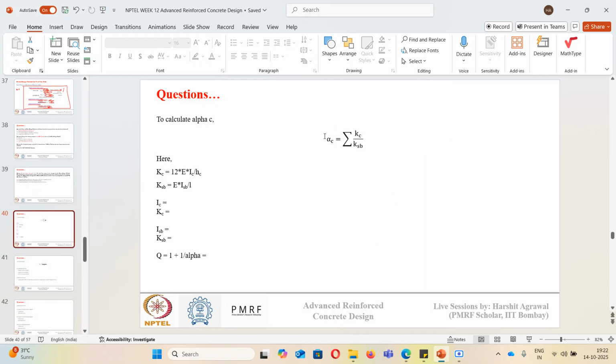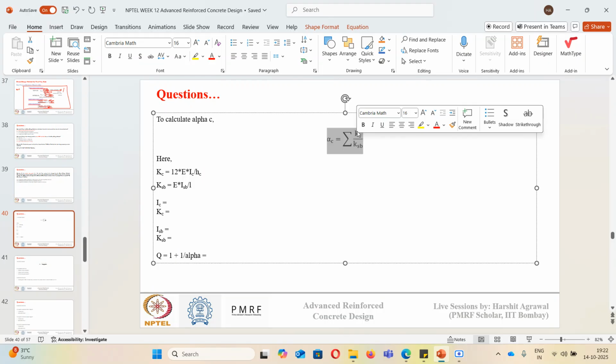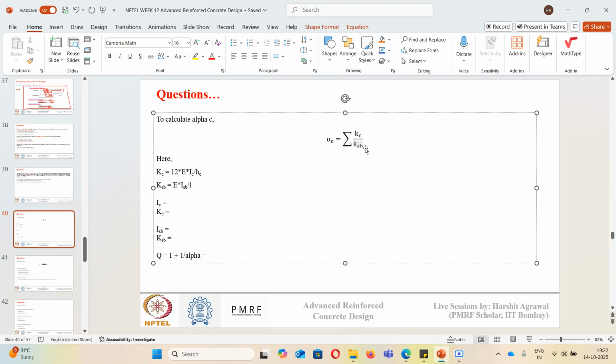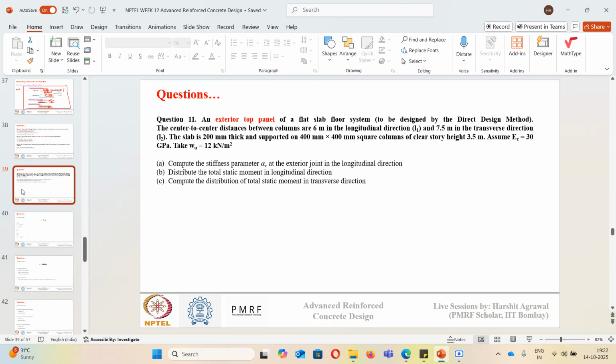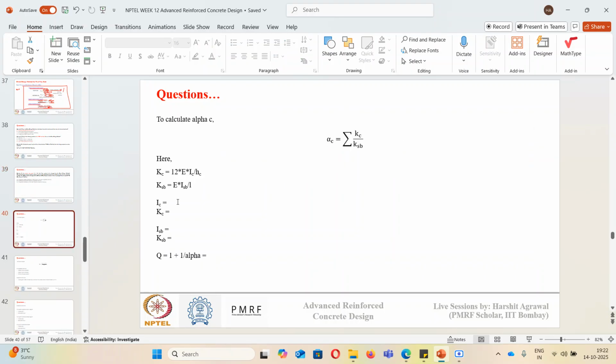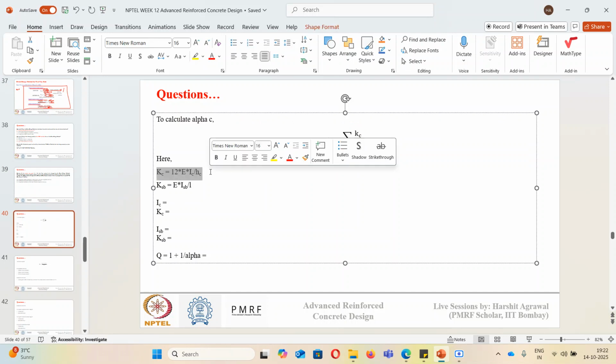Okay, so we know alpha C is given by the formula summation of Kc upon summation of Ksb, where Kc is the stiffness of the column and Ksb is the stiffness of the beam. Kc is given by 12 into E into Ic by Hc, because we assume that the column ends are fixed.